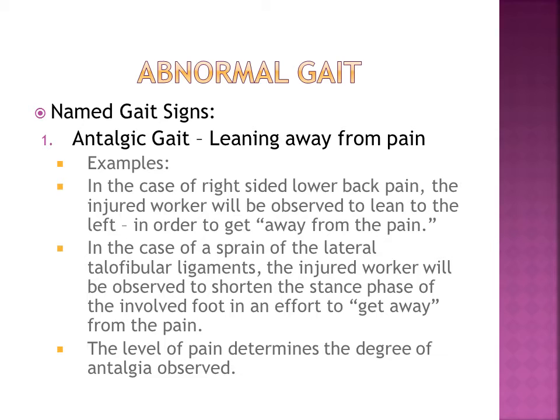You would see that the stance phase and the swing phase of gait approach a 50-50 time ratio, or even a lesser amount of time spent in the stance phase of gait, depending upon the amount of pain in that injured ankle. The level of pain, therefore, determines the degree of antalgia that you might observe.